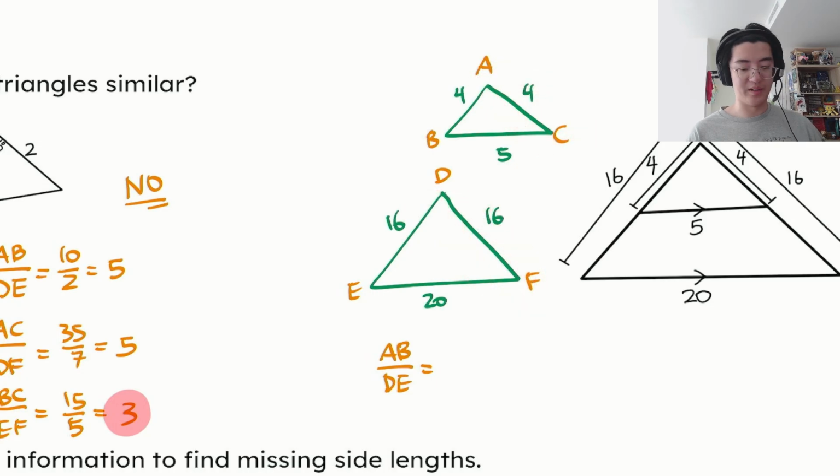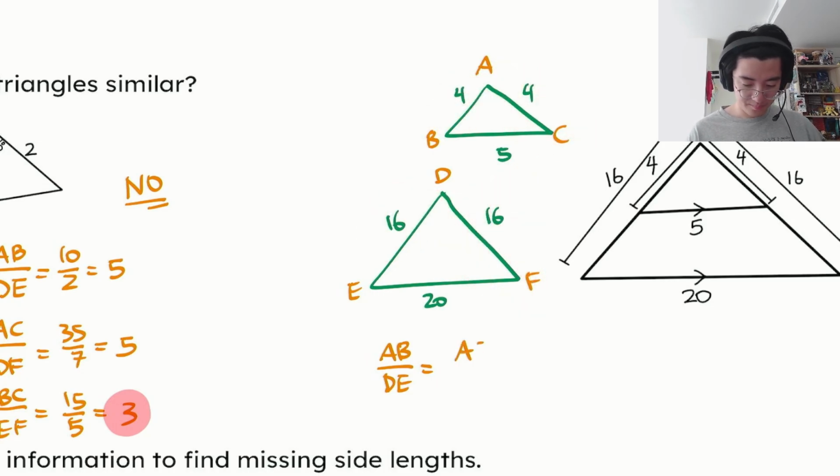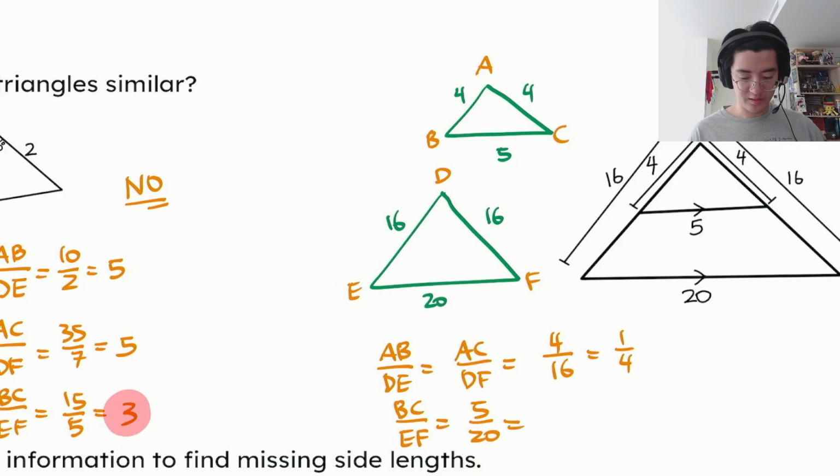Those are literally the same numbers: 4, 16, 4, 16. They're both 4 over 16, which is 1 over 4. Next, we check this one. BC over EF reduced to 1 over 4.